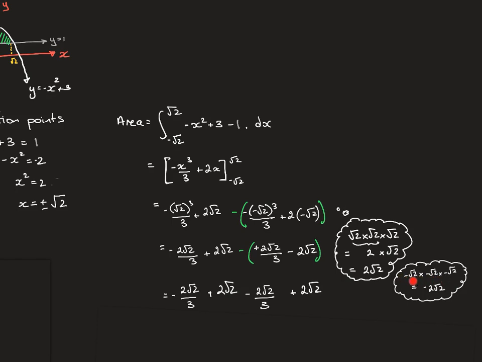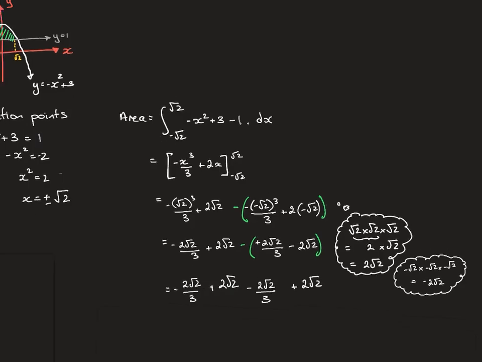A negative times a negative times a negative gives you a negative overall, so it simplifies to negative 2 root 2, which is what I've done here. Then I've multiplied this negative sign, this takeaway, all the way through. So you end up with negative 2 root 2 on 3 plus 2 root 2 minus 2 root 2 on 3 plus 2 root 2.